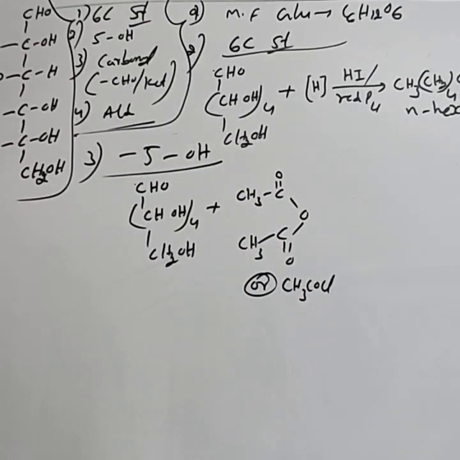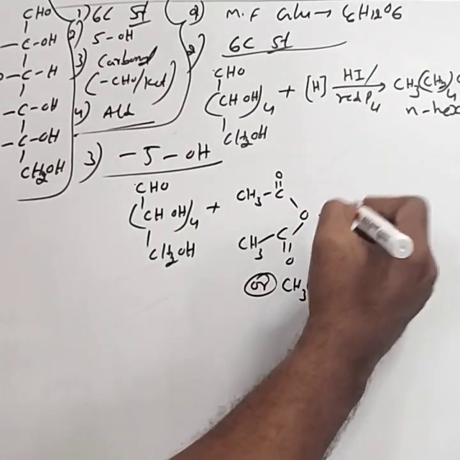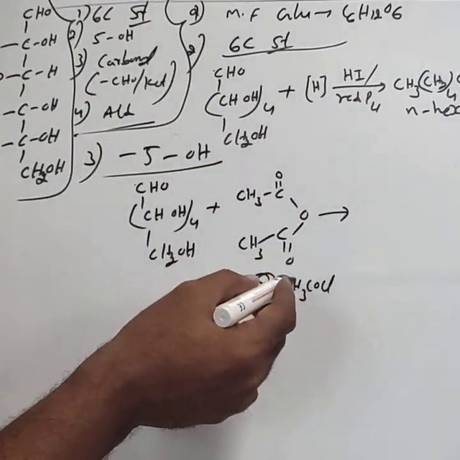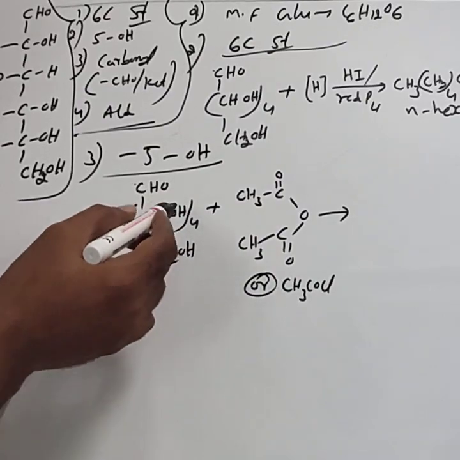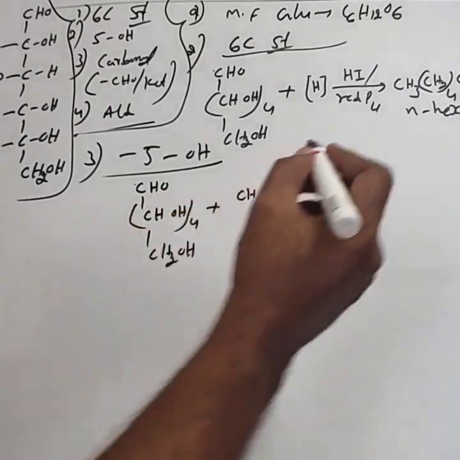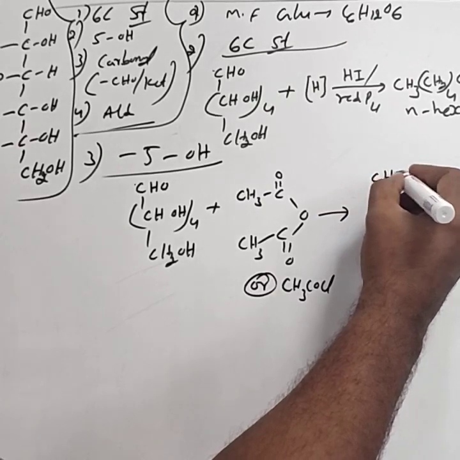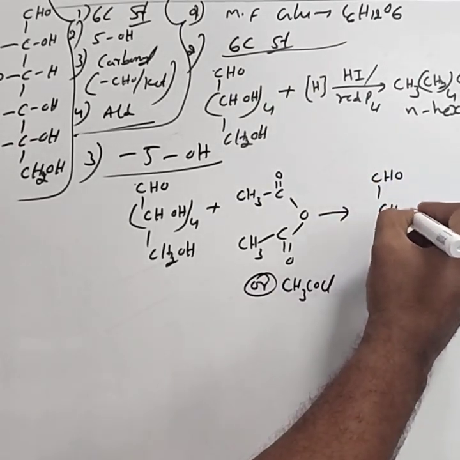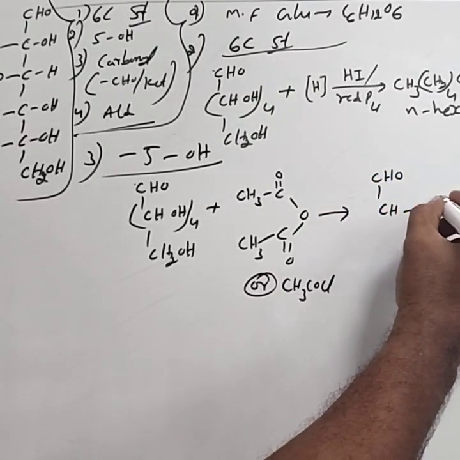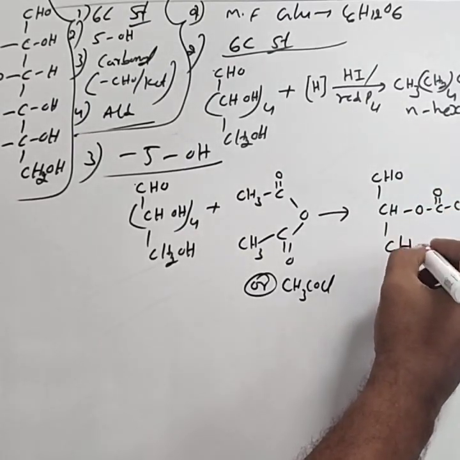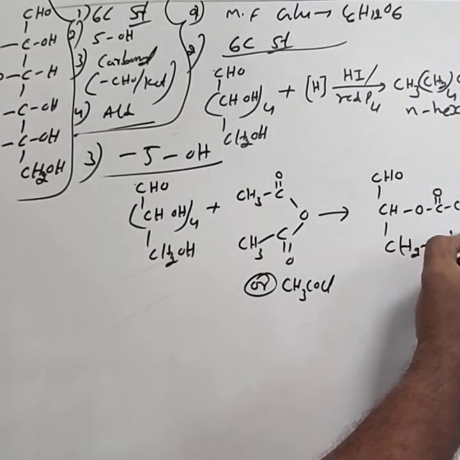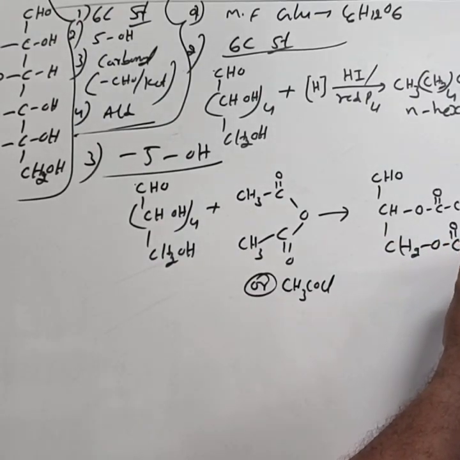CH3COCl, acetyl chloride. This acetic anhydride or acetyl chloride reacts with the OH part, and forms CHO, CO, CH3, CH2, O, CO, CH3.